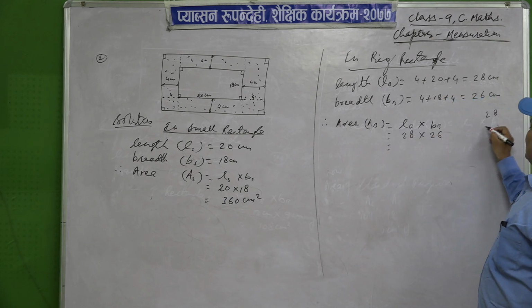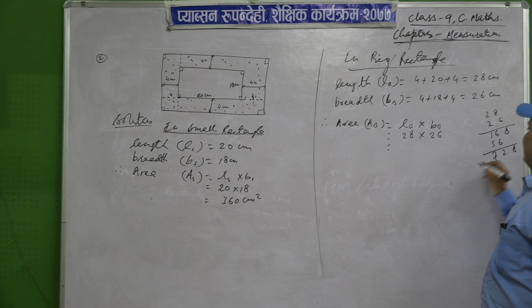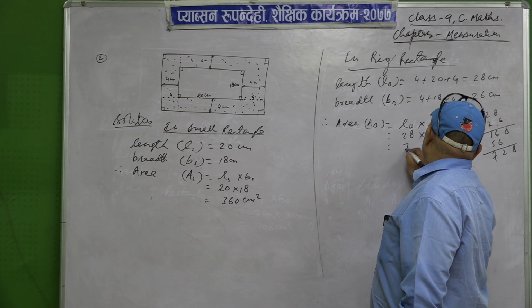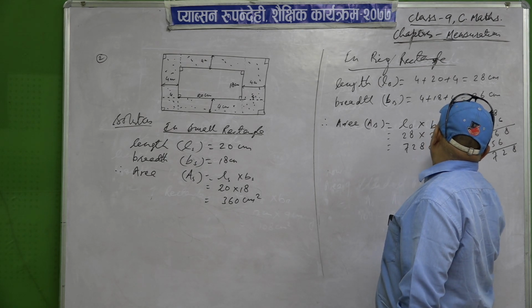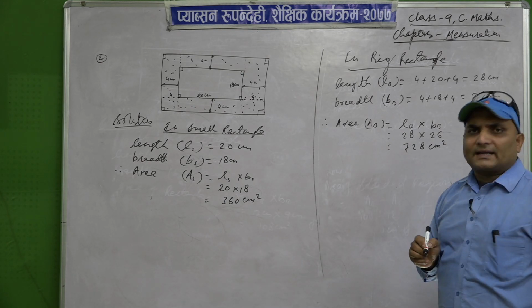You can multiply in rough. Eight, 2, 7. That is 728 centimeter square. This is the area of the big rectangle.